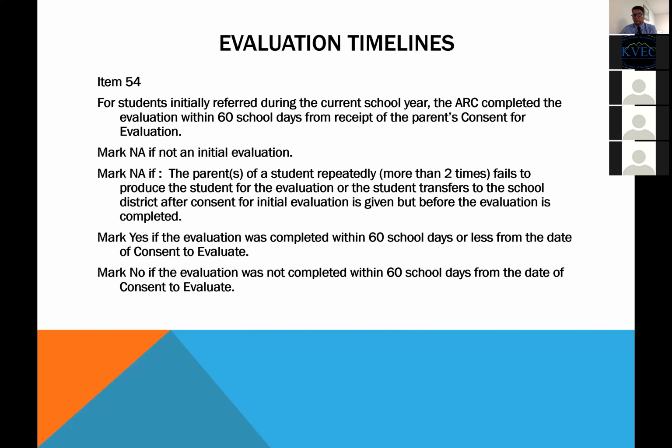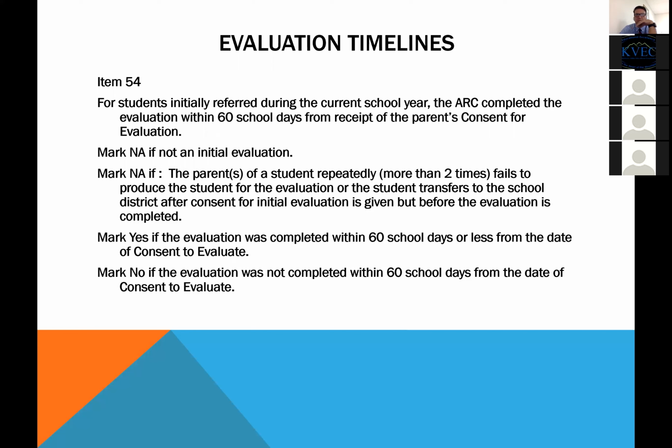On item 54, this is the evaluation timelines. For students initially referred during the current school year, the ARC completed the evaluation within the 60 school days from receipt of the parent's consent for evaluation. So, of course, we're going to mark NA if the child's not going to be initially evaluated.